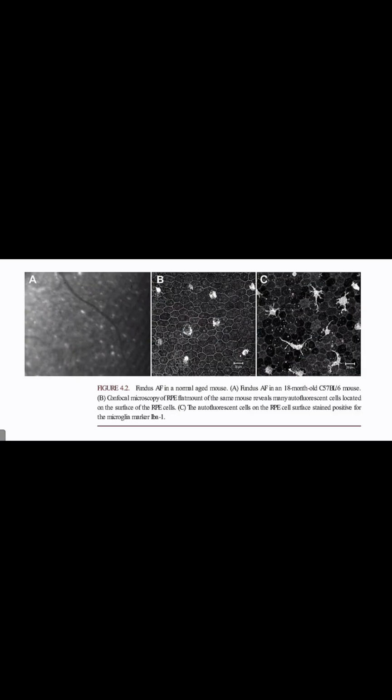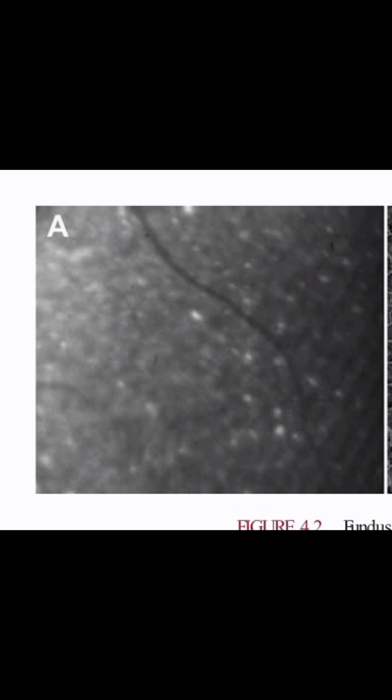Figure 4.2, fundus autofluorescence in a normal aged mouse. Figure A, fundus autofluorescence in an 18-month-old C57BL/6 mouse. B, confocal microscopy of RPE flat mounts of the same mouse reveals many autofluorescent cells located on the surface of the RPE cells.